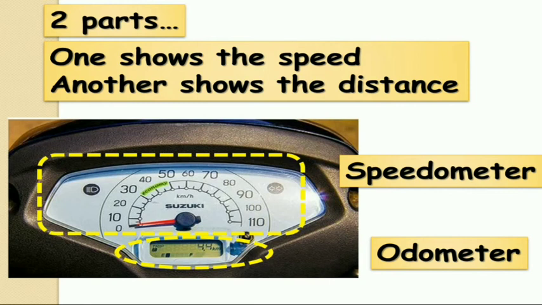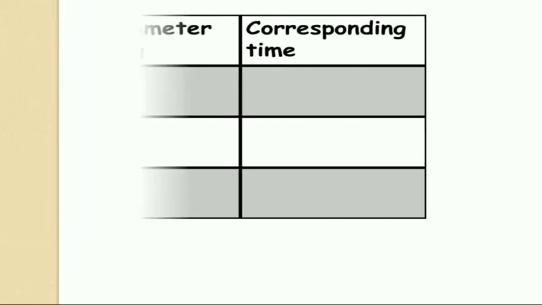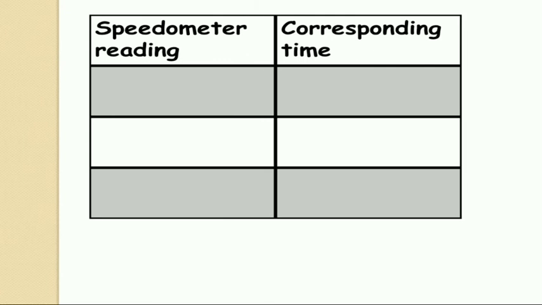The speedometer shows the speed of the vehicle, and the odometer tells about the distance covered by the vehicle. The speedometer readings and corresponding time readings have been noted here.